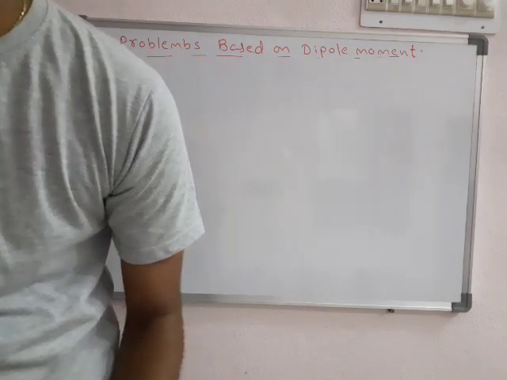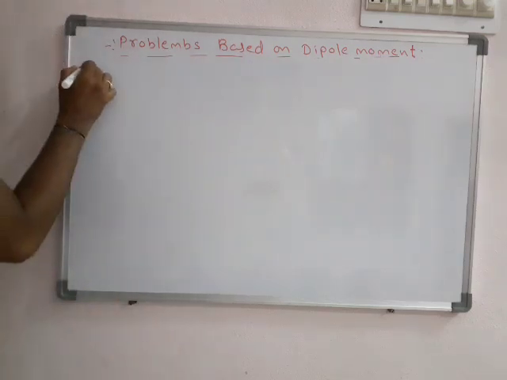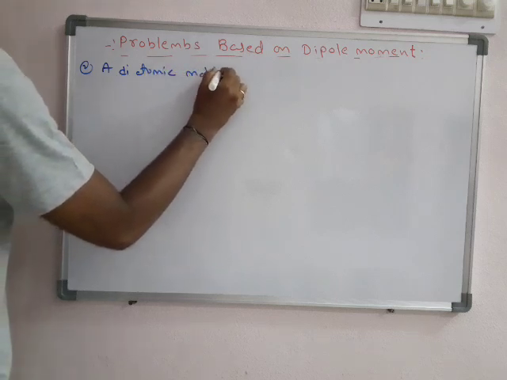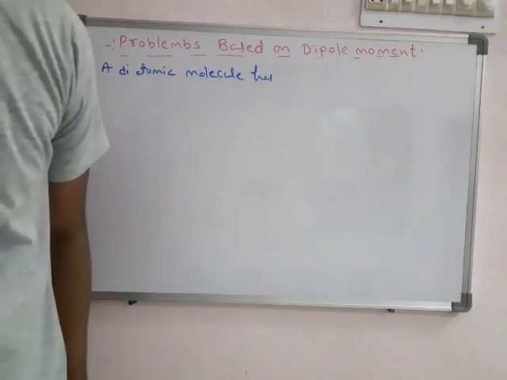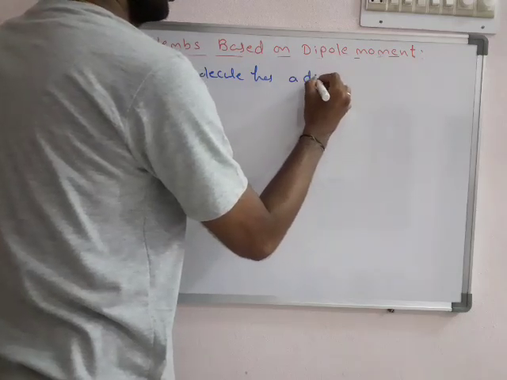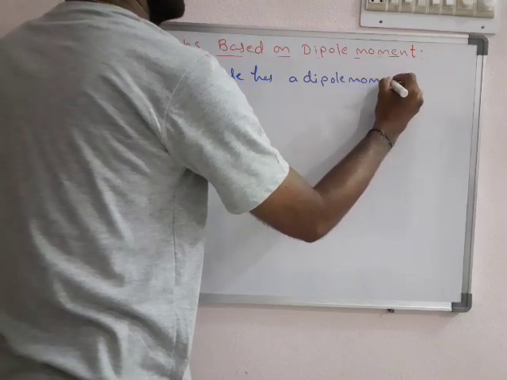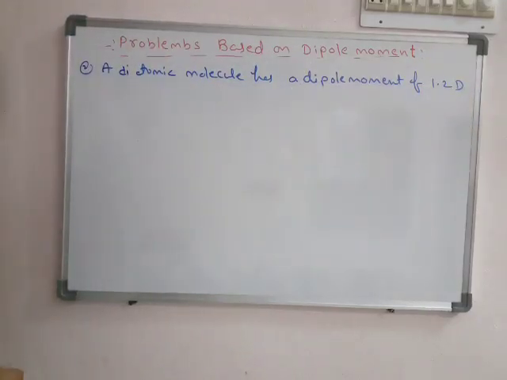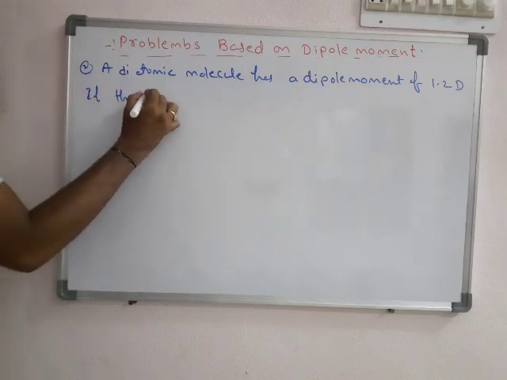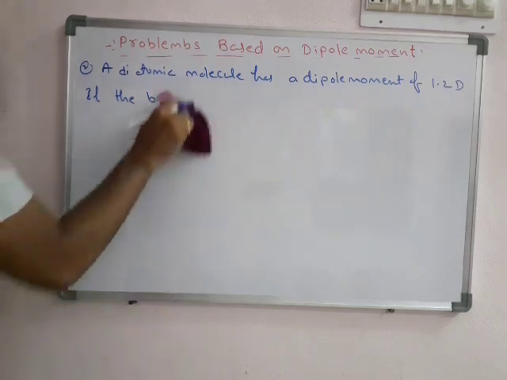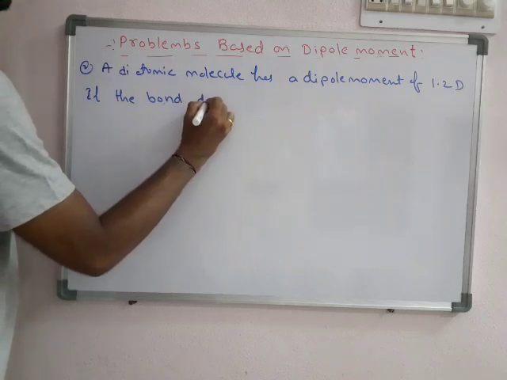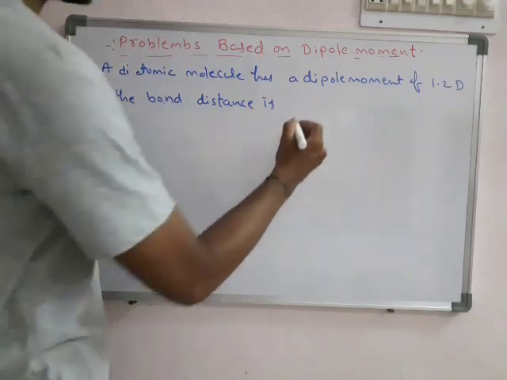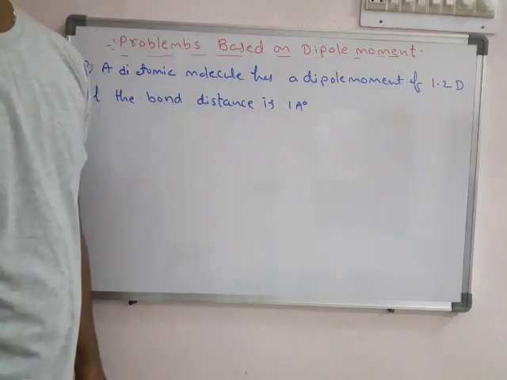Okay, see the next one. A diatomic molecule has a dipole moment of 1.2 D. If the bond distance is given as 1 angstrom, what is the percentage of electronic charge? It is a very important and different problem.